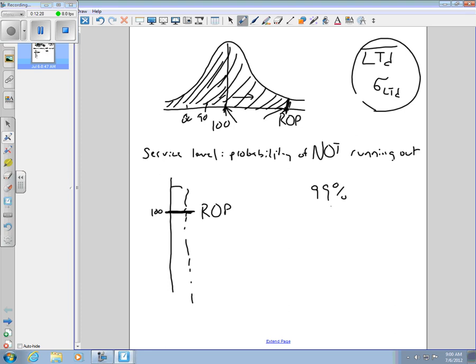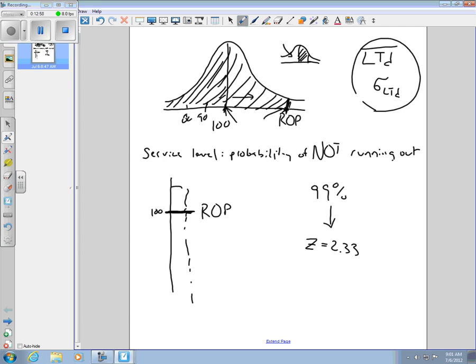So if our service level is 99%, we say that z must be equal to 2.33. Now you might be looking at your table and say, well, when I go to 2.33, I come down to the row heading of 2.3, I go over to the column heading of 0.03, and it says 0.4901. Well, if that's confusing you, it's because your table looks like this. Your legend for your table looks like this, and it's not accounting for this 50% on the other side.